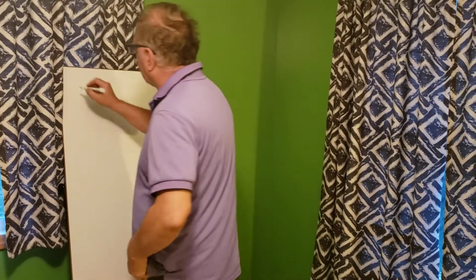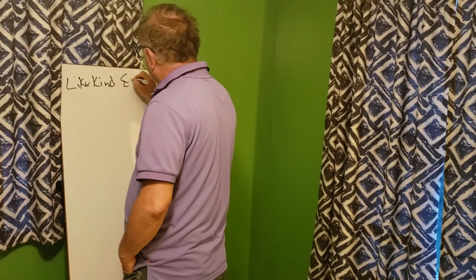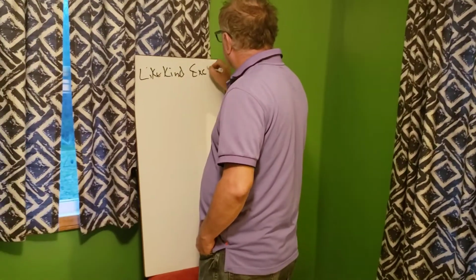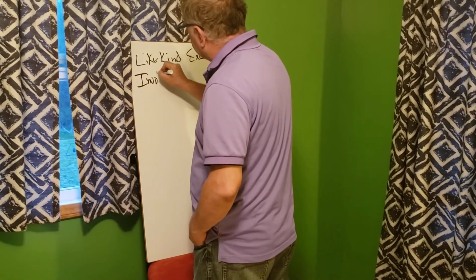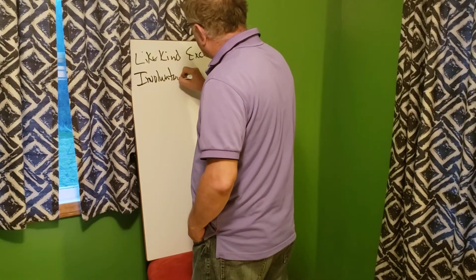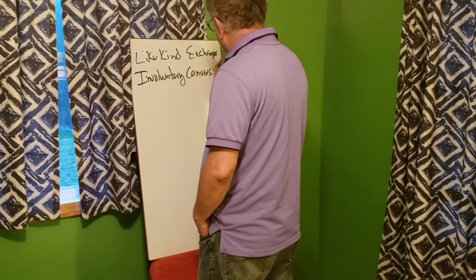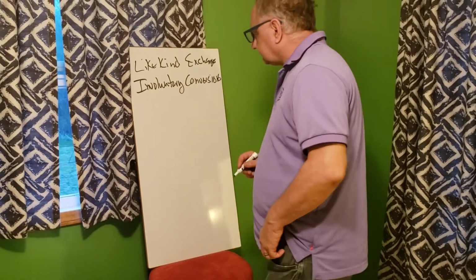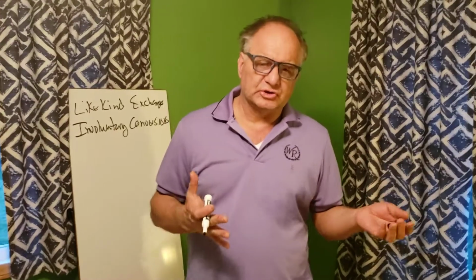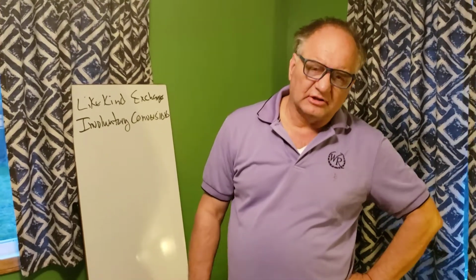Chapter 12 is about like-kind exchanges and involuntary conversions. Remember, going back to chapter 2, we talked about this concept, wherewithal to pay.